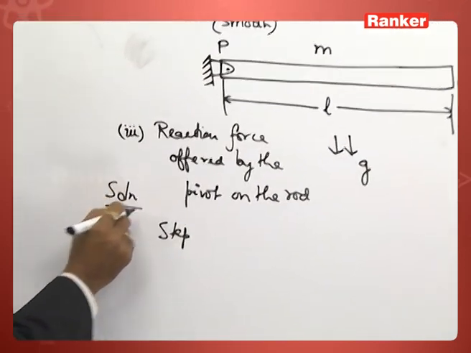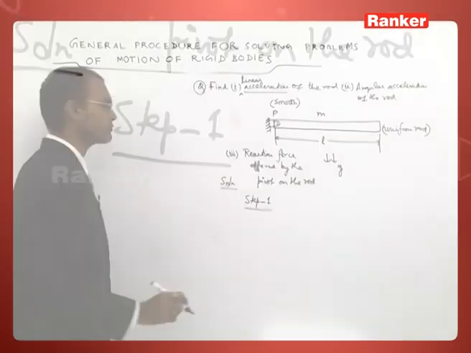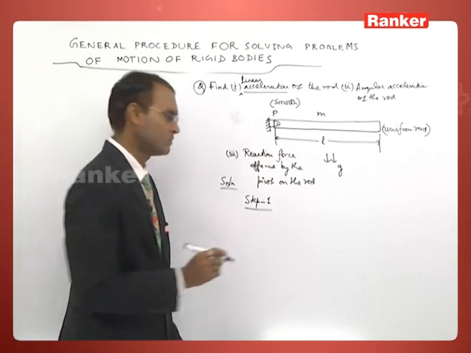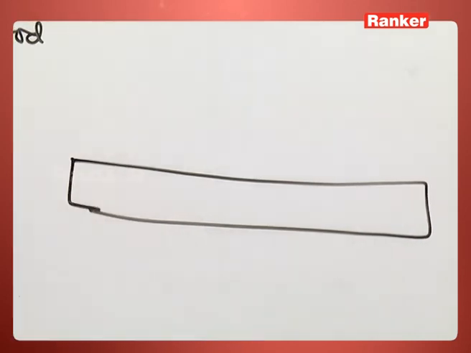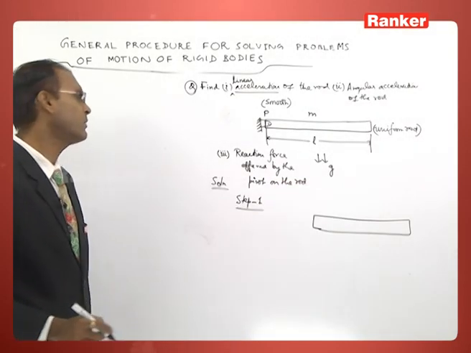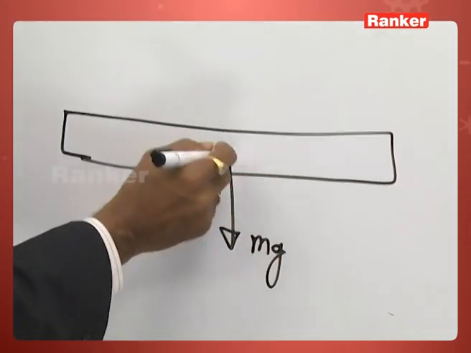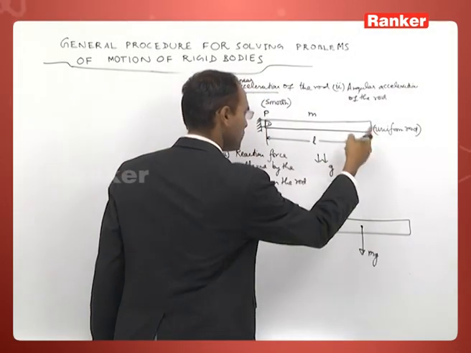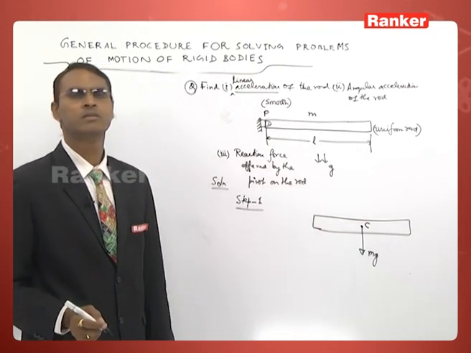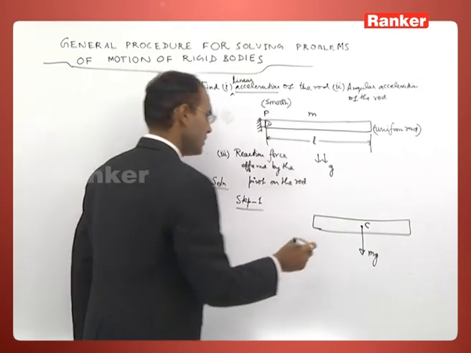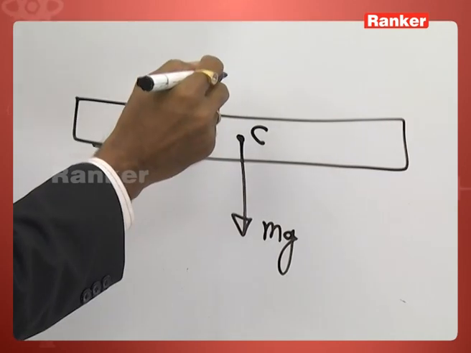So when you are solving step 1, draw the rod, consider the field force, that is the gravity. Since it is uniform, the center of mass of the rod is located at the midpoint of the rod because it is uniform.